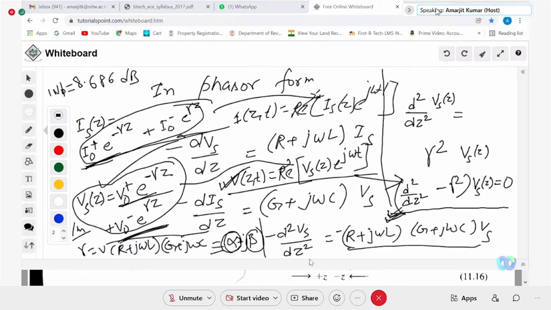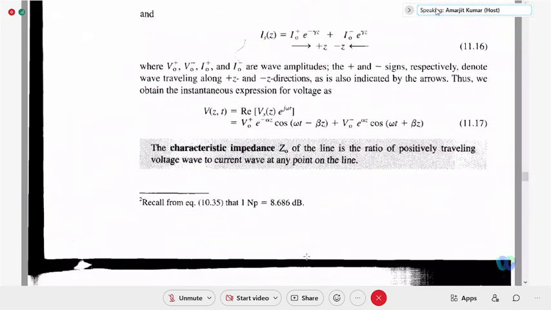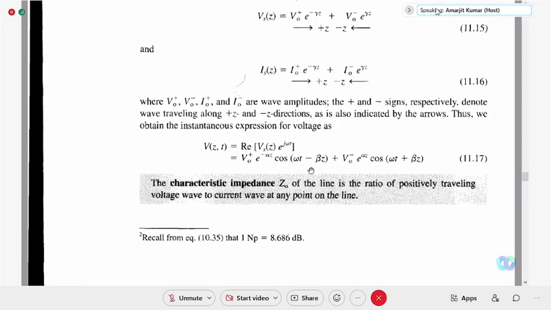So basically, what you will get after putting this is V naught plus into e to the power minus alpha z cos(omega t minus beta z) plus V naught minus e to the power alpha z cos(omega t plus beta z). This is the solution for V(z,t). Did you get it or not?